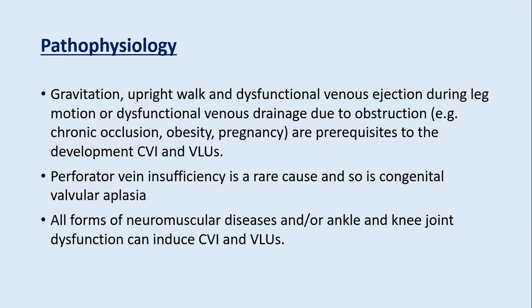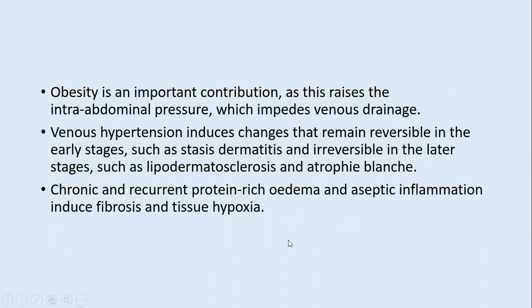The perforating vein insufficiency is a rare cause, and so is congenital valvular aplasia. All forms of neuromuscular diseases or ankle and knee joint dysfunction also induce chronic venous insufficiency and venous leg ulcers. Obesity is an important contributor, as obesity raises the intra-abdominal pressure that impedes the venous drainage.